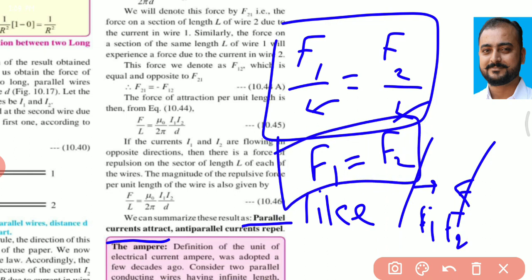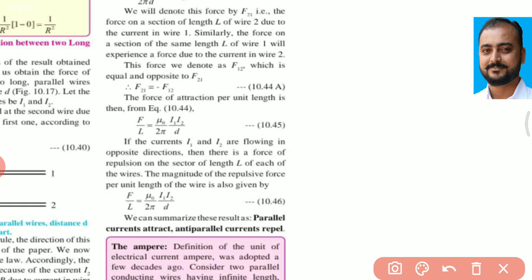Again, one more thing: we have a formula, the force acting per unit length is equal to μ0 upon 2π into I1 I2 divided by D. But when you consider direction as well as magnitude, you can write F1 is equal to negative F2, because both forces are opposite in direction.